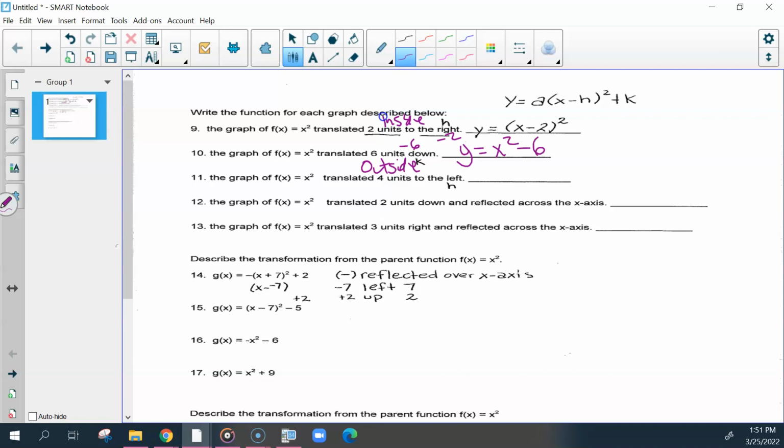No parentheses. You could have parentheses here, but that wouldn't change anything. Parentheses are for x squared. If it was an absolute value, you usually don't have parentheses. It's just inside the absolute value bars. Any other questions on the 10?